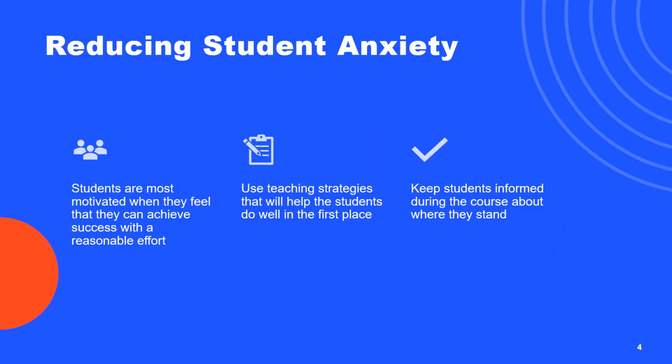So how can we do that? One of the ways is by reducing student anxiety. We have found through research that students are most motivated when they feel they can achieve success with a reasonable effort. This is where you as the instructor have a major role. What can you do to give students a shot at achievement every time they encounter your class?